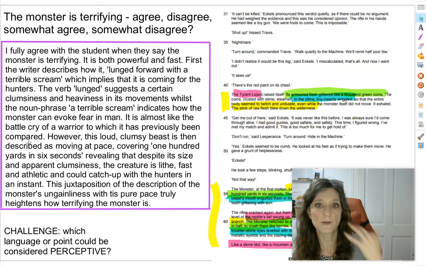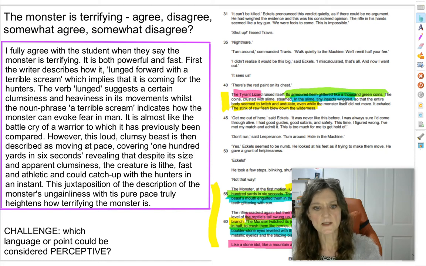Okay, so I'm linking back in the extract. So it has been described as a warrior, and a warrior will give out a scream or a battle cry before it goes to battle. However, this loud, clumsy beast is then described, so I'm zooming in some more, but I've got to lay down some more evidence here, as moving at pace, covering 100 yards in 6 seconds.